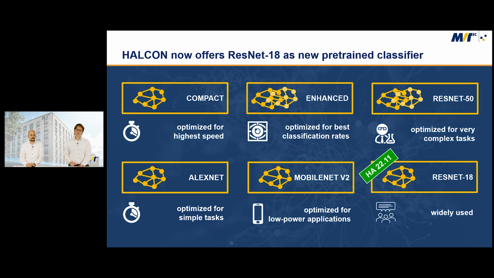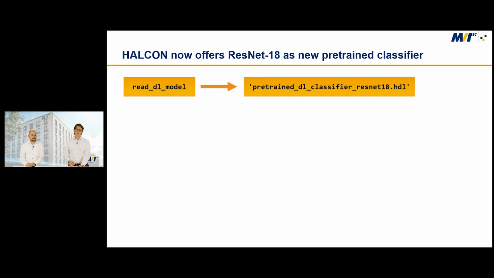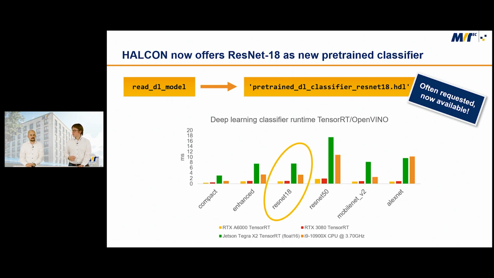If you're interested in using ResNet 18 or our pre-trained classifier, simply read in the model pre-trained DL classifier ResNet 18 and you're good to go. And for runtimes, we have done some benchmarks, and the ResNet 18 is comparable in our benchmarks at least to our enhanced network.